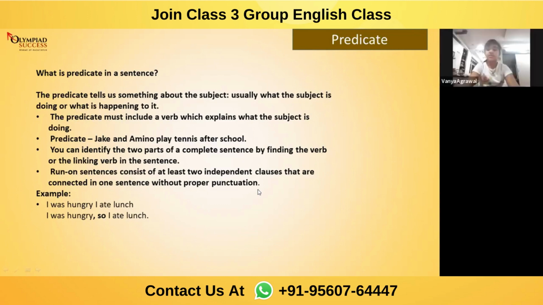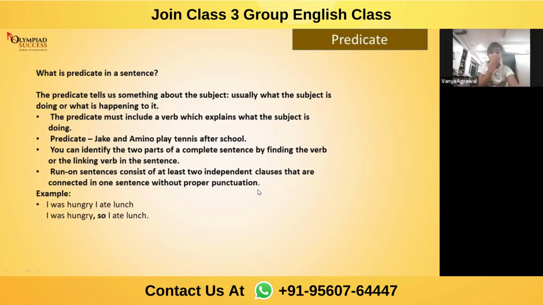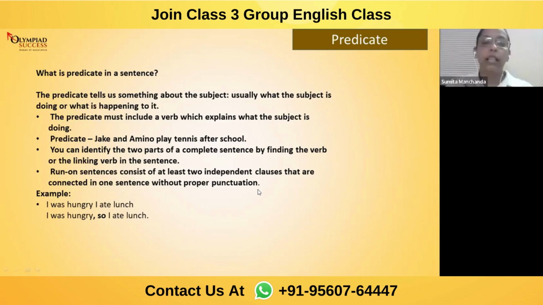So again, this is independent. So two independent sentences are used. But is there any punctuation mark in that? No, ma'am. So when two independent sentences are used together without any proper punctuation mark, that sentence is said to be a run-on sentence.